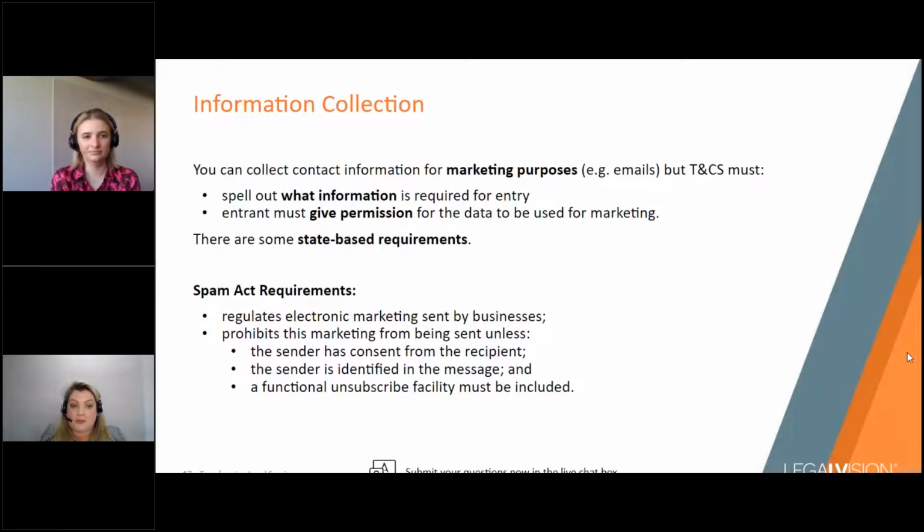So that consent would be made clear in the terms and conditions that they are consenting to receiving marketing material as part of entering the trade promotion. The second key requirement under the Spam Act is that the sender is identified in the message, and there needs to be a functional unsubscribe facility included in the message.